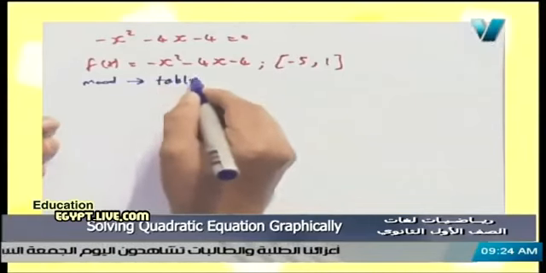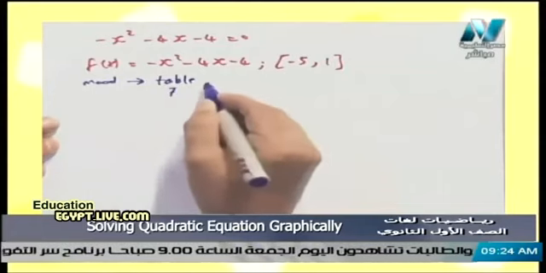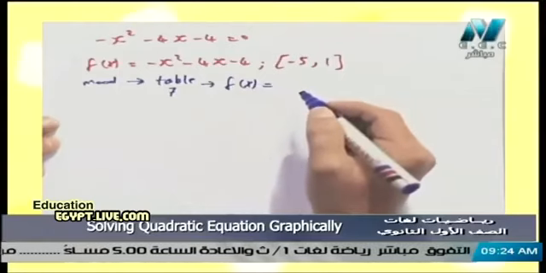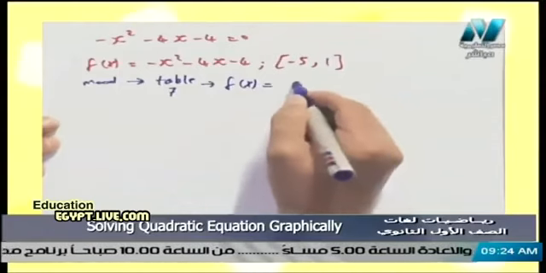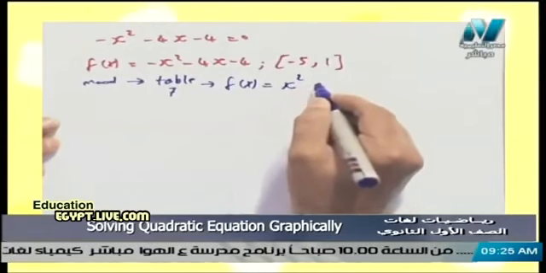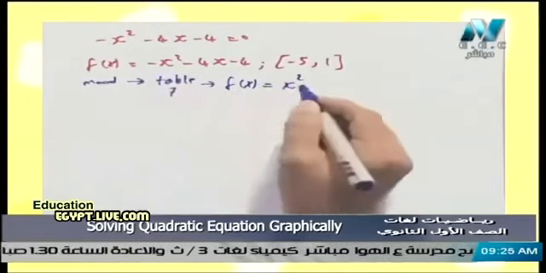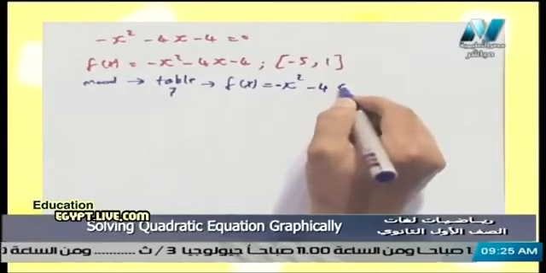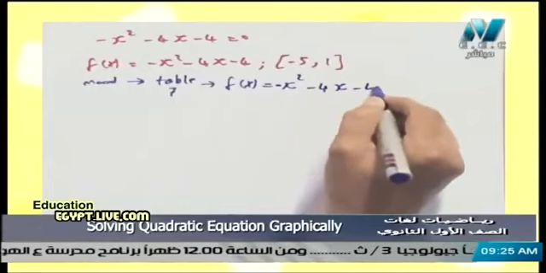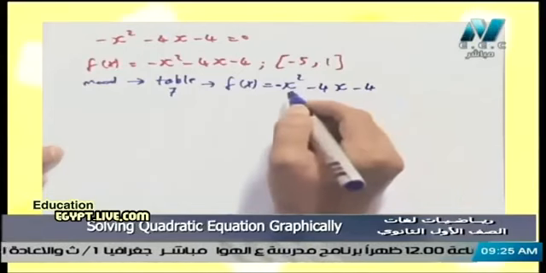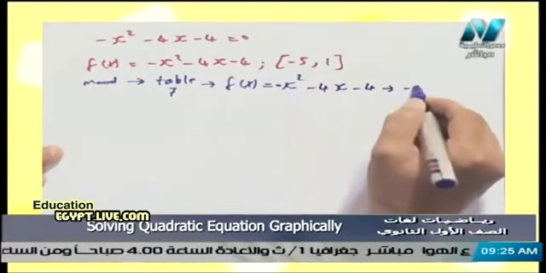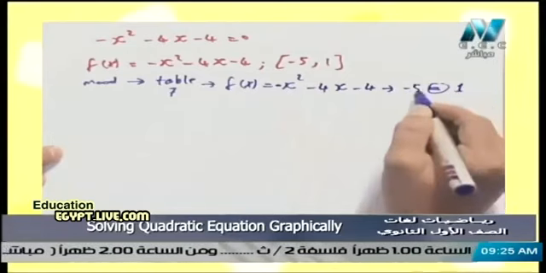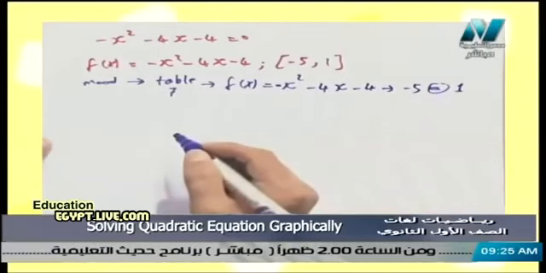Then you enter the function: press alpha, then x, and press power 2, so it is negative x power 2 minus 4 times x minus 4. Then press negative 5, press equal, then press 1. Then you will have the table.